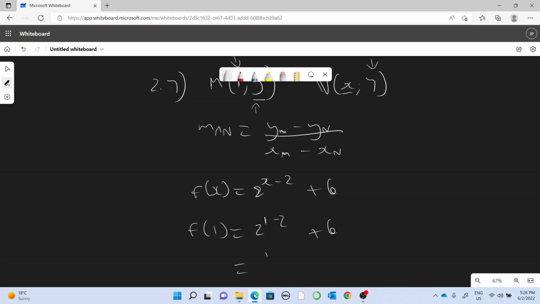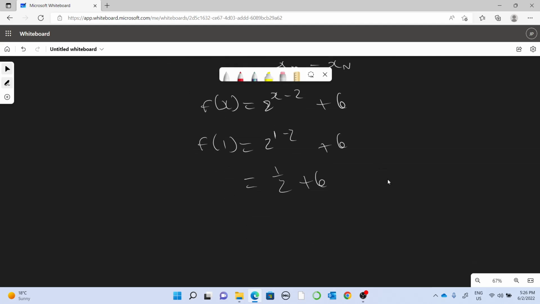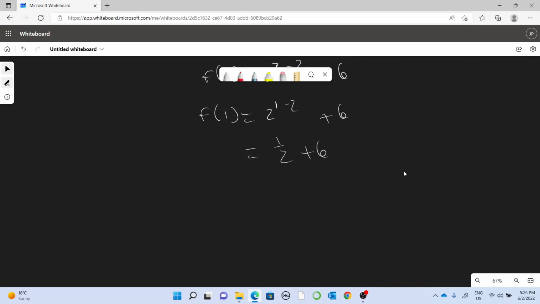This leaves me with a half plus 6, so it's 6.5. I can write it as a fraction, 13/2. Now I have my y for M, so M is (1, 13/2).